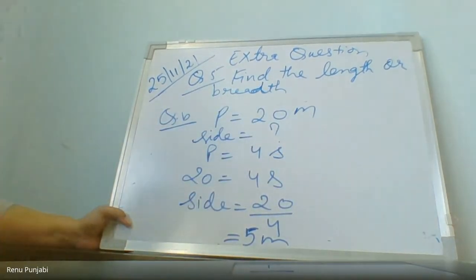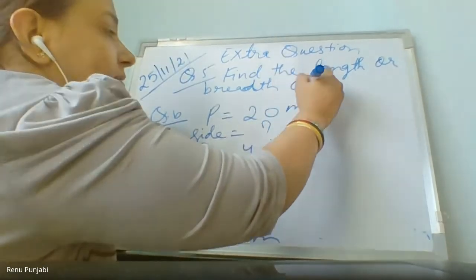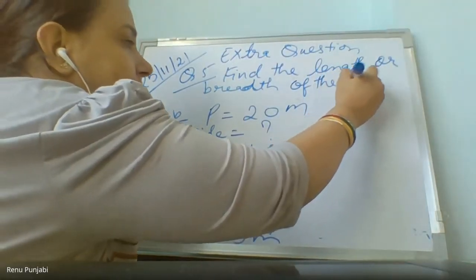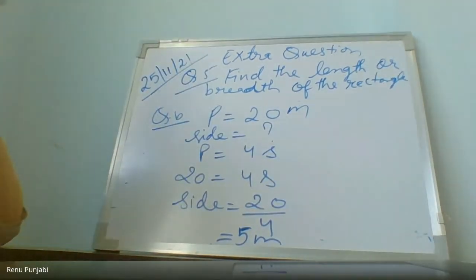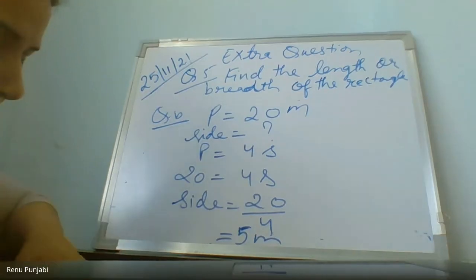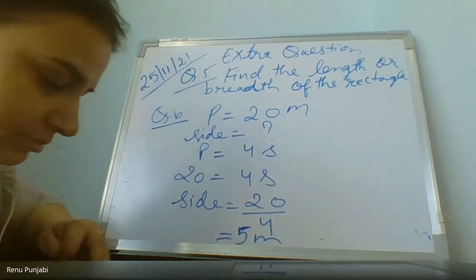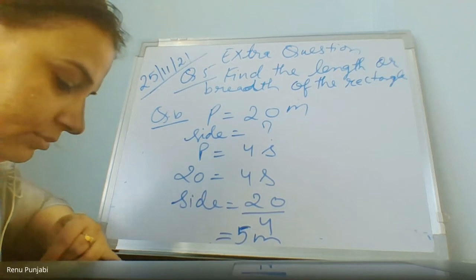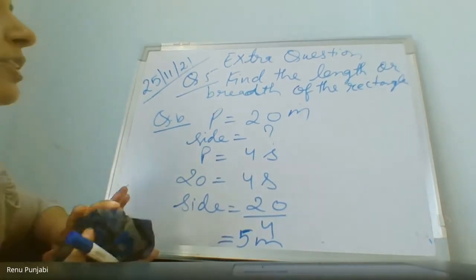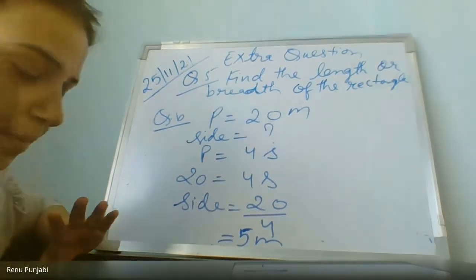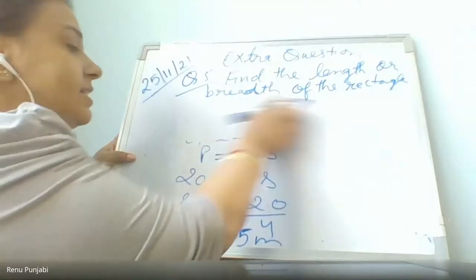Find the length or breadth of the rectangle. One of them, length or breadth, will be missing. Ma'am, this is a practice question. Yes. Find the length or the breadth of a rectangle. Whichever is missing, you have to find it. Write the sum.